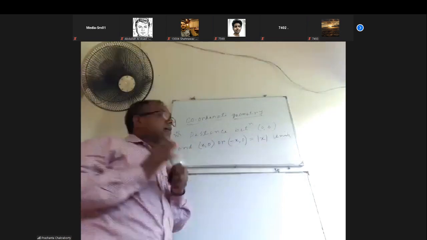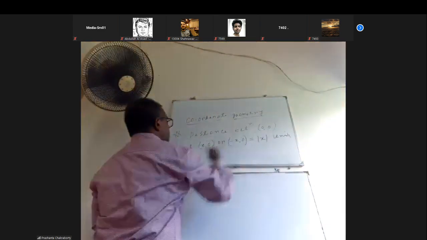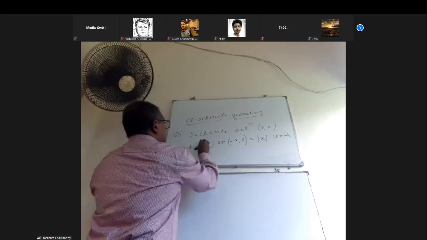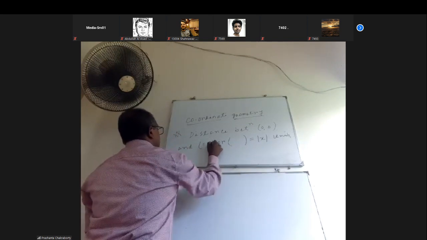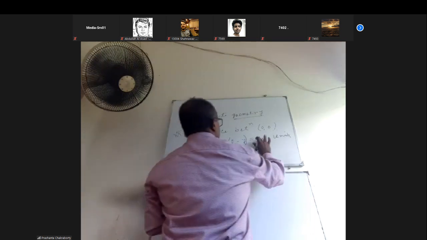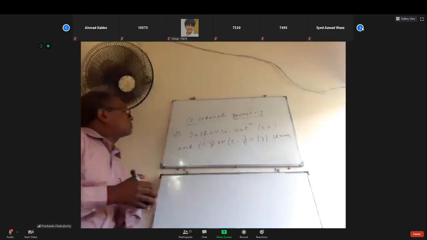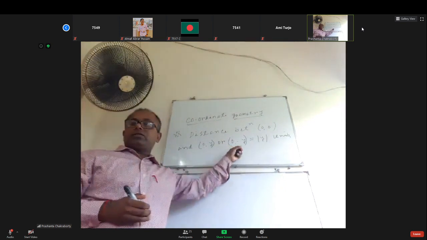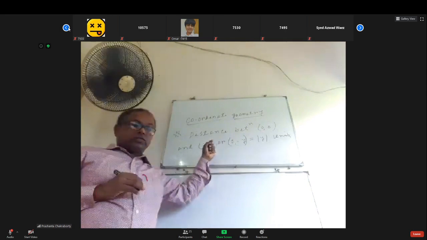And similarly, the distance between (0, 0) and (0, y) or (0, minus y) equals modulus of y. Friends, these 2 points lie on the y-axis.